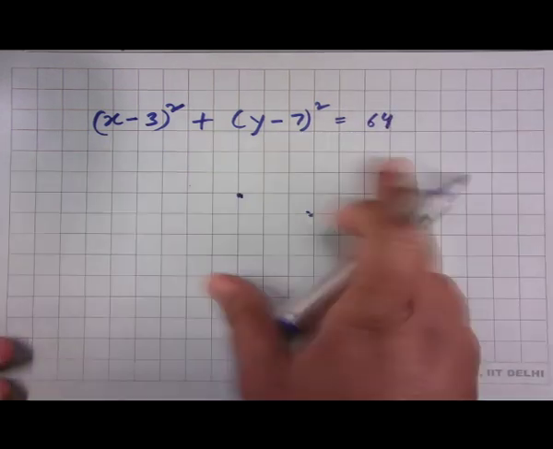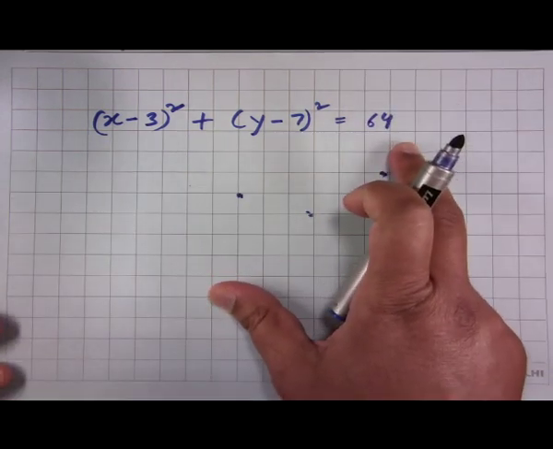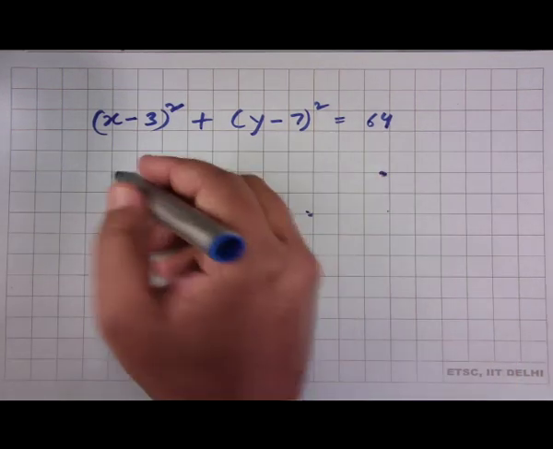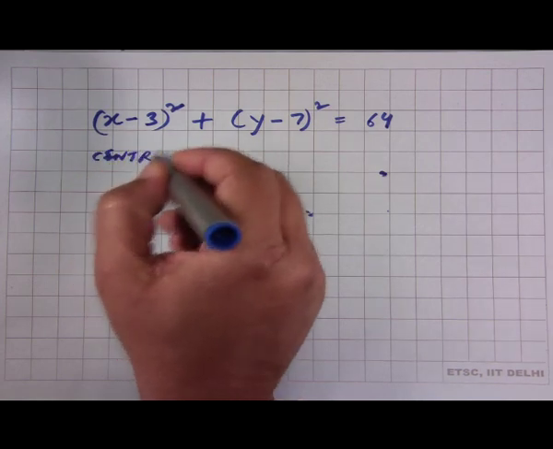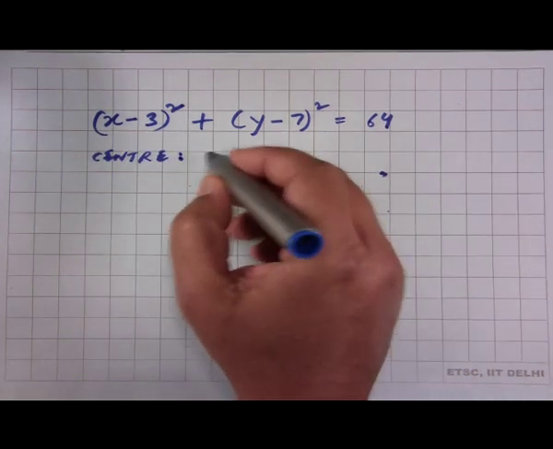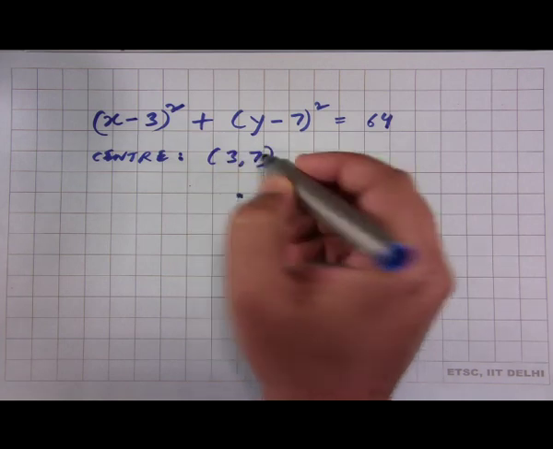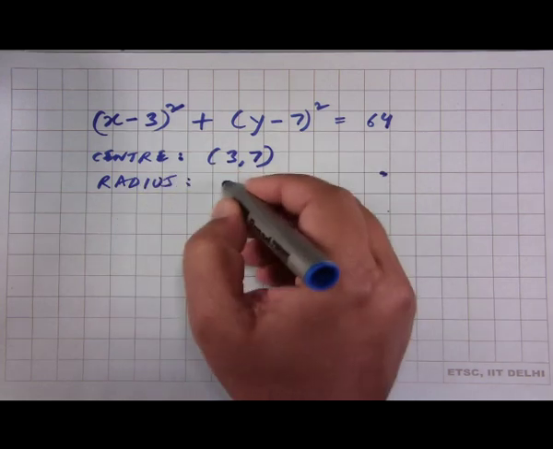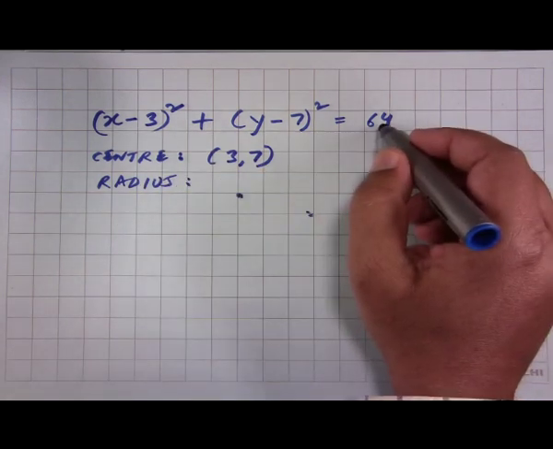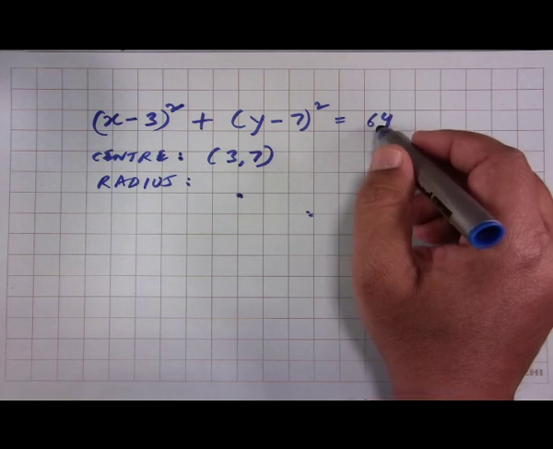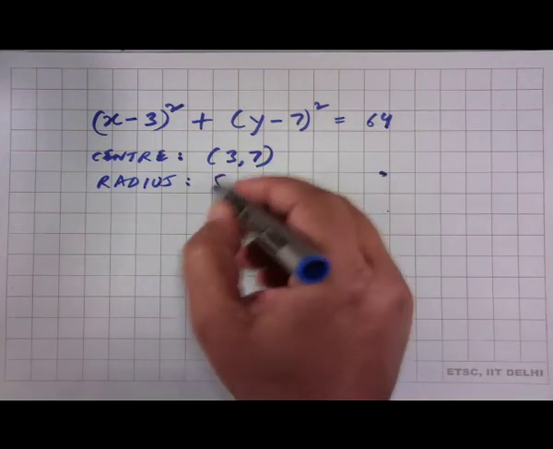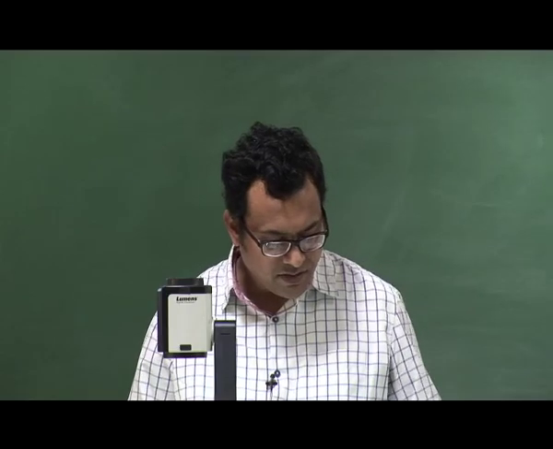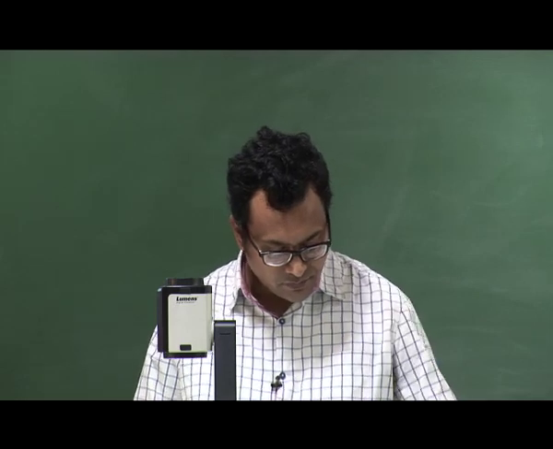This equation is an equation of a circle in the center radius form, and just by looking at it we can very easily say that the center of the circle is (3, 7) and the radius is, so this is r square, so r is 8. The radius is 8.